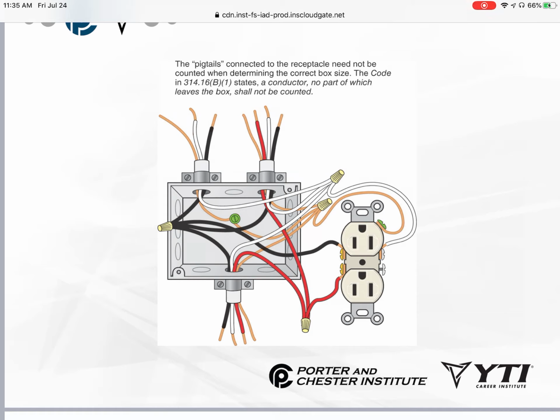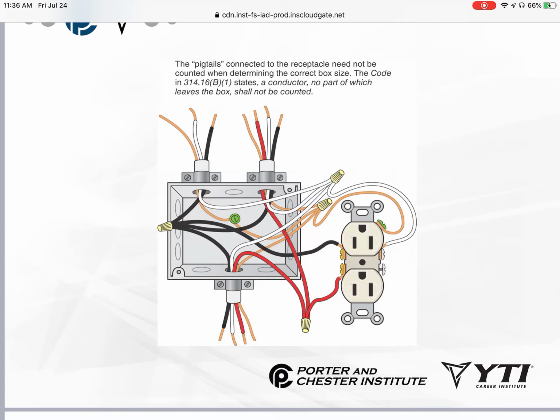Secondly, pigtails connected to the receptacles need not be counted. So if we're sizing our box, we have to account for every conductor that comes into that box when we're sizing it. I'm not going to go into a great bit of detail because we will be covering this later on down the road. Like I say, some of you guys just had this recently. But there's an allowance for each conductor that's coming into that box.